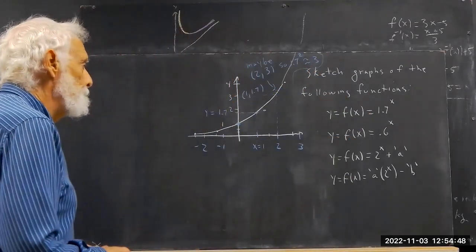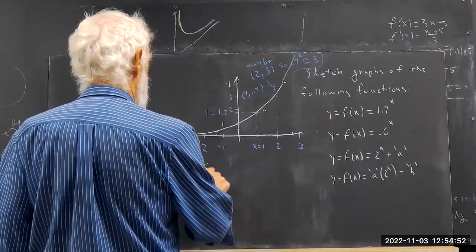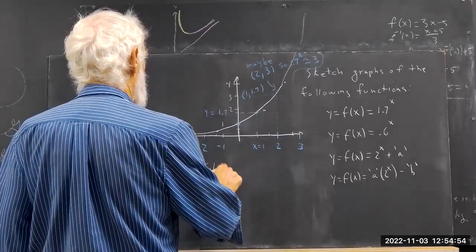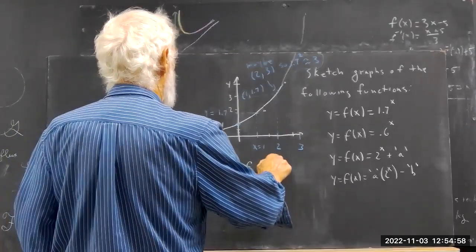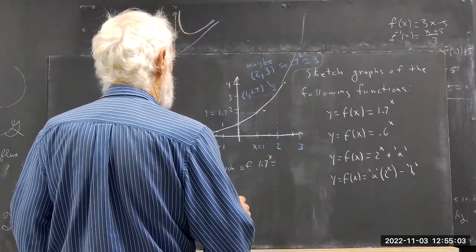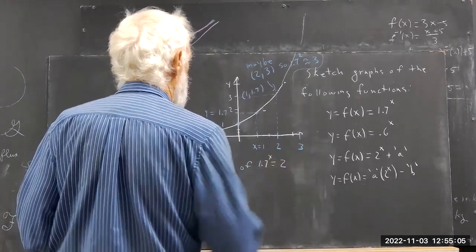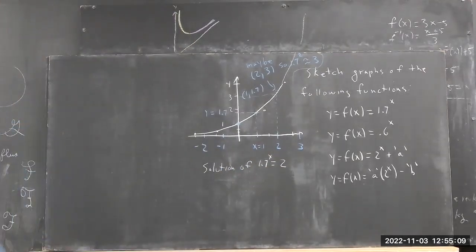How about the solution to the equation? How would you solve the equation 1.7 to the x equals 2?